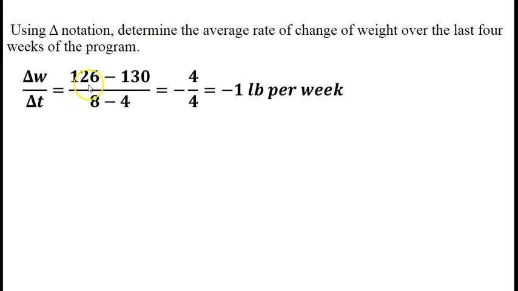I went from 126 to 130. So 126 minus 130, and the last 4 weeks of the program, well, the last week would be 8, 4 weeks previous would be 4. So if I simplify it, 126 minus 130 is negative 4, 8 minus 4 is 4. Simplify that, that gives me negative 1 pounds per week. That was my change in weight.